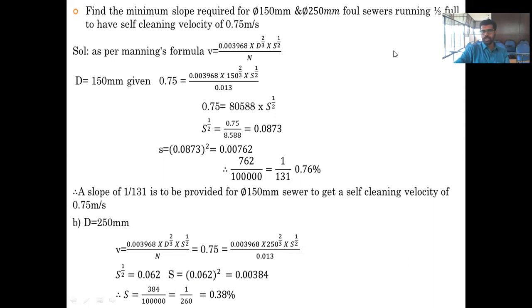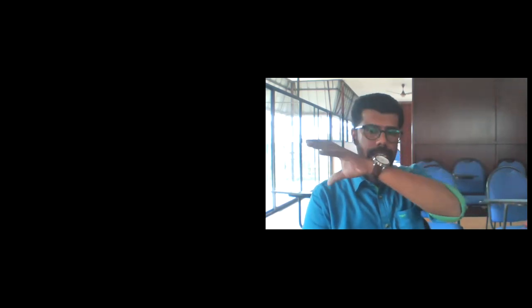So this is the way that we will be finding out the stack pipe size as well as the horizontal pipe size by the National Building Code. The first thing you need to know is the minimum pipe drain size with respect to different fixtures. Next, you need to know the fixture unit.